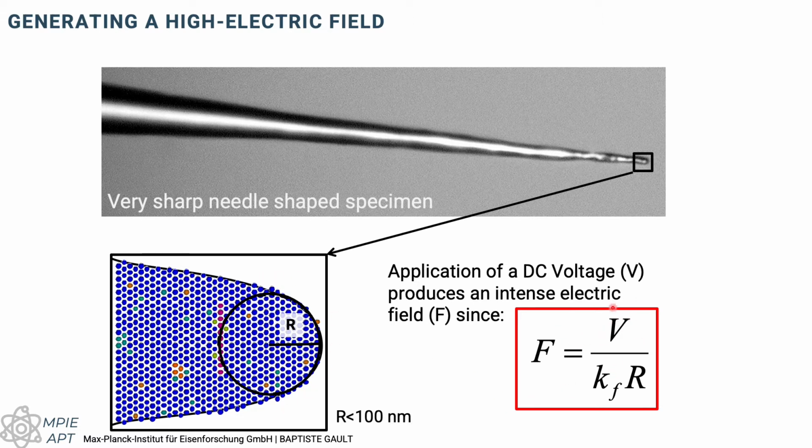If the voltage is a few thousands of volts and the radius is 100 nanometers or so, the fields can reach fairly easily 10 to the 9, 10 to the 10 volts per meter, which is what we actually need.